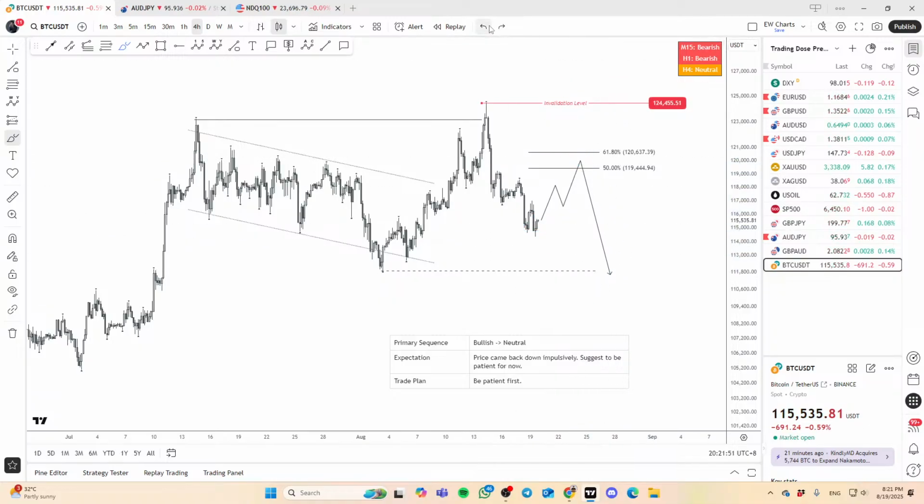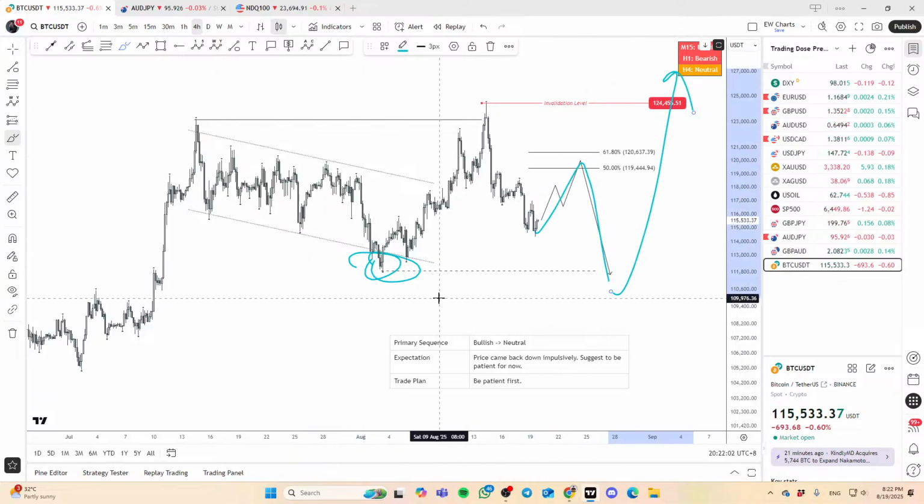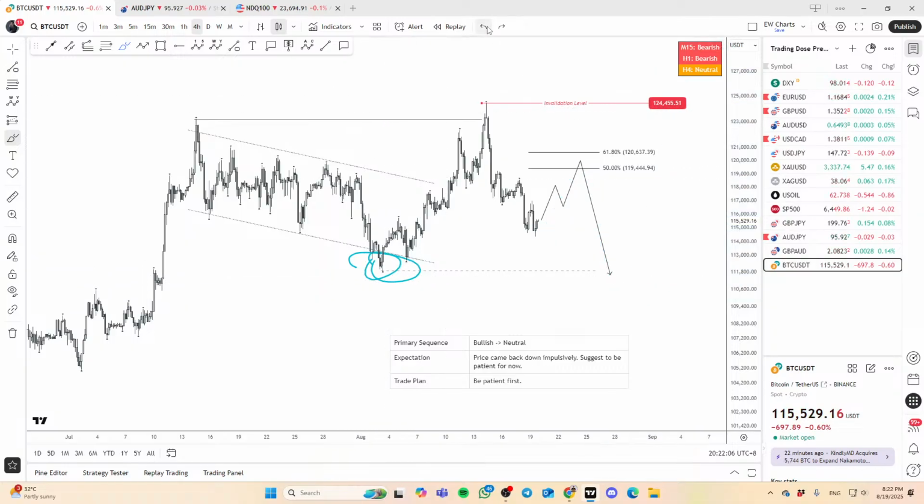I would say a more interesting area to look for a buy would definitely be here, right? Because that's the expectation, something like that, and then the push back up. Yeah, so this area is somewhere around 111.8, the 111,800 level, right? So that would be my take on BTC.